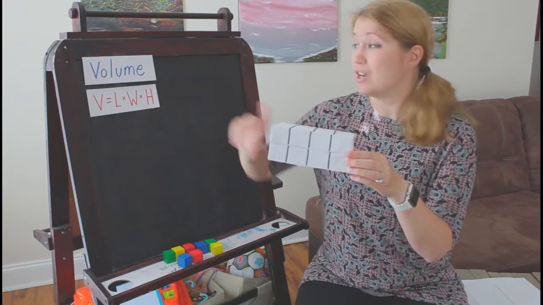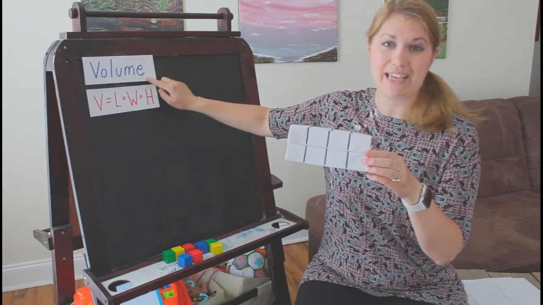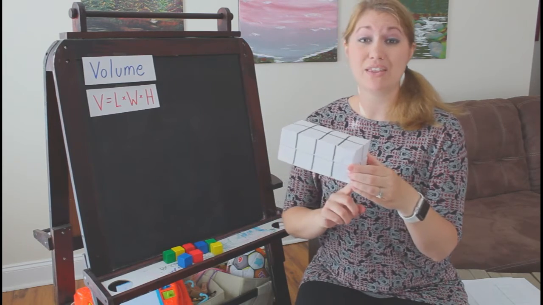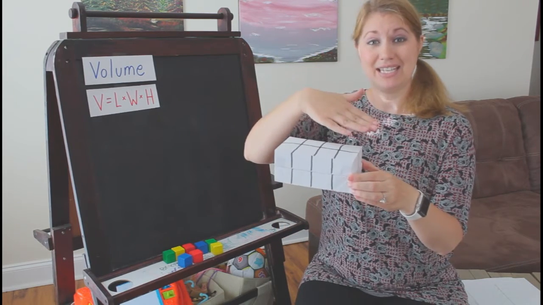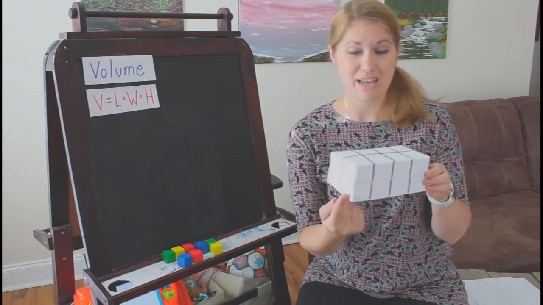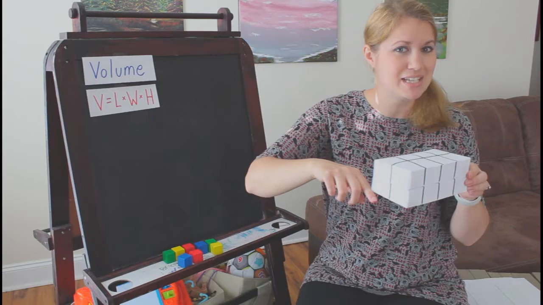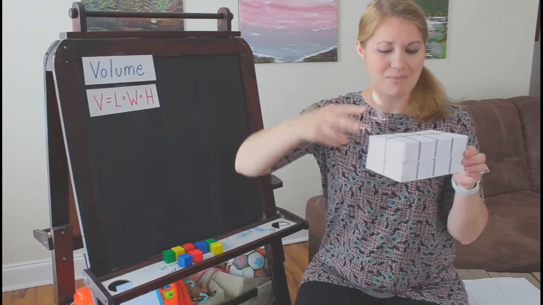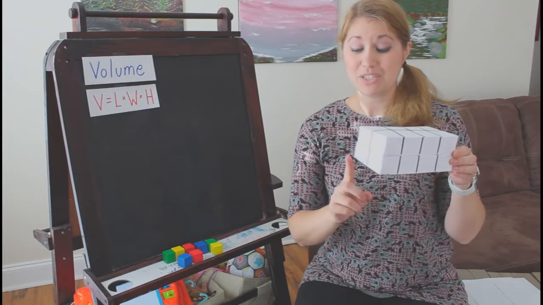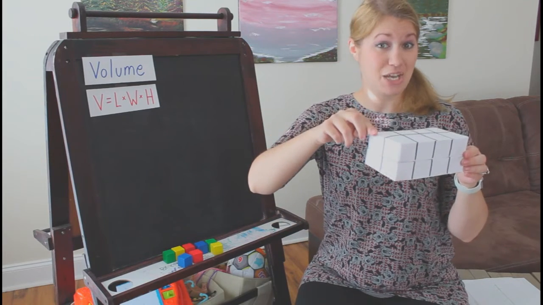How do I measure the space it's taking up? The volume. Length times width times height. So we've still got our 4. 4 times 2 times 2 this time. Our height is 2 units. So 4 times 2 times 2.